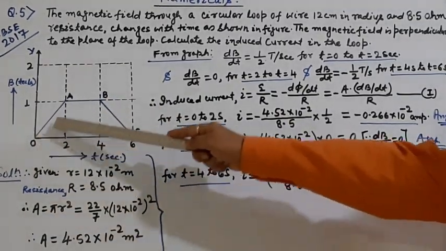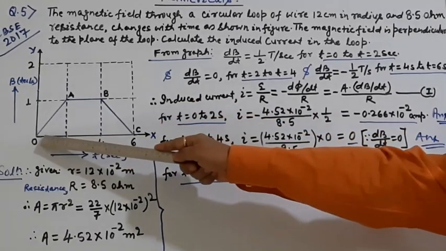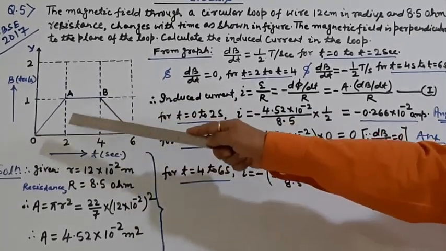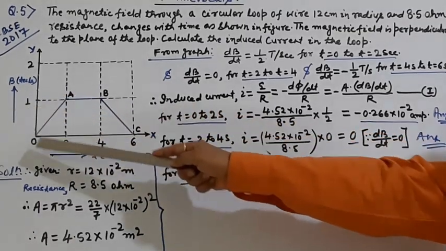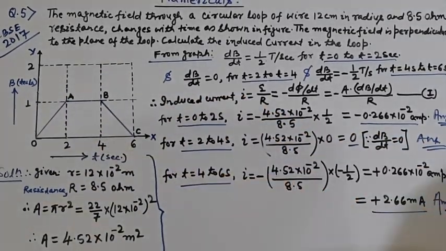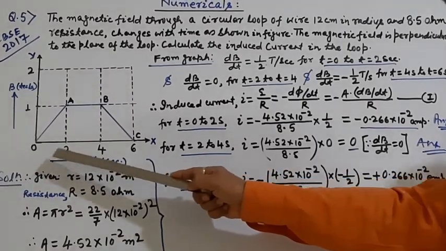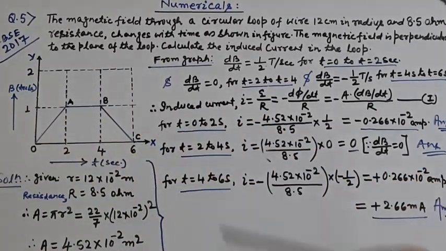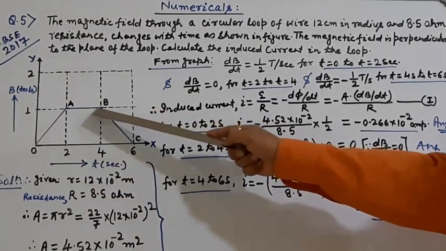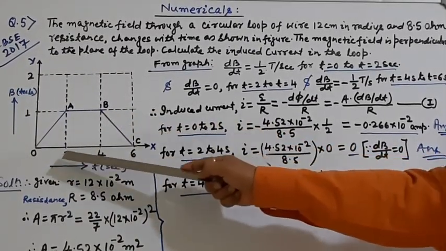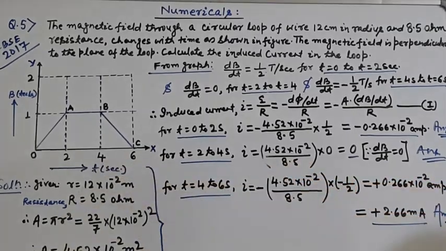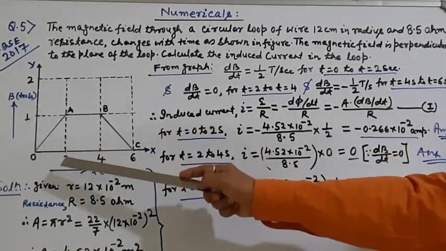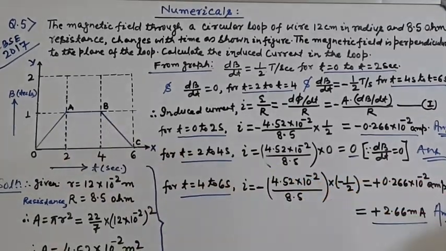The portion OA is a straight line starting from the origin. It means OA represents the magnetic field increasing with time from 0 to 2 seconds. AB is a line parallel to the time axis, so parallel to the x-axis. It means the magnetic field B is constant from 2 seconds to 4 seconds. It is not changing.